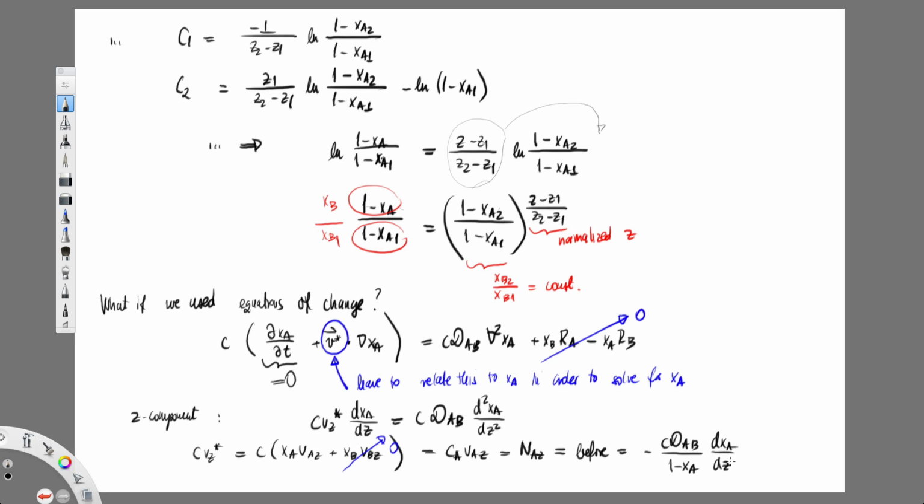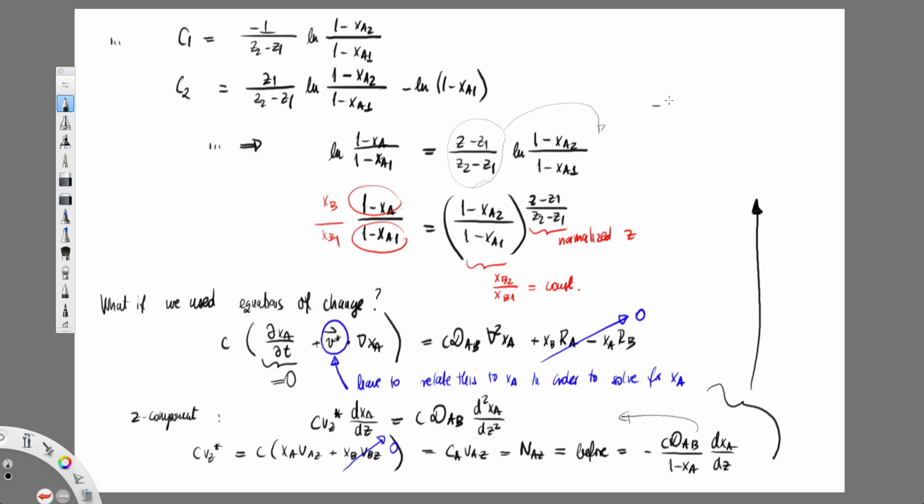And that's the key part of solving mass transport problems that wasn't there before. So once I do that, I have to plug this into here. I will have CDAB on both sides that I can get rid of. So then that becomes, I'm just going to write it on the same page, so I don't open another.